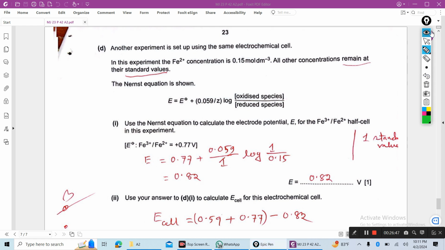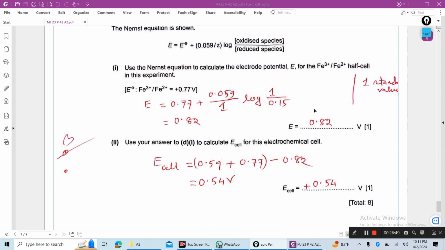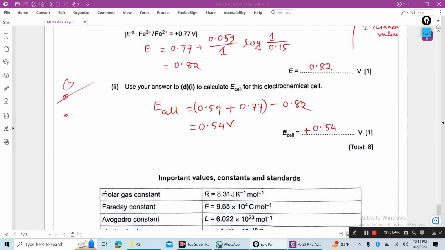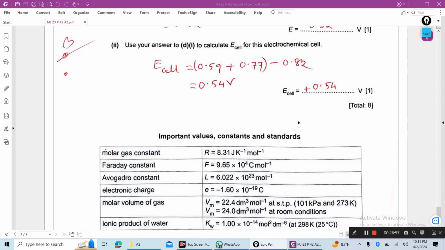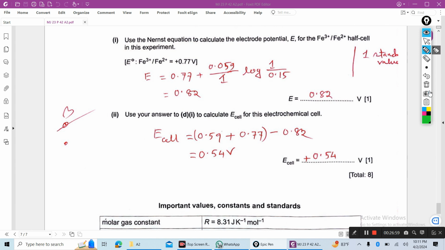You can then use your answer to D1 to calculate E cell for this electrochemical cell.